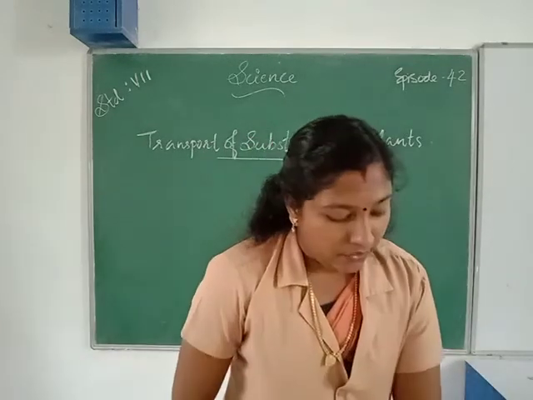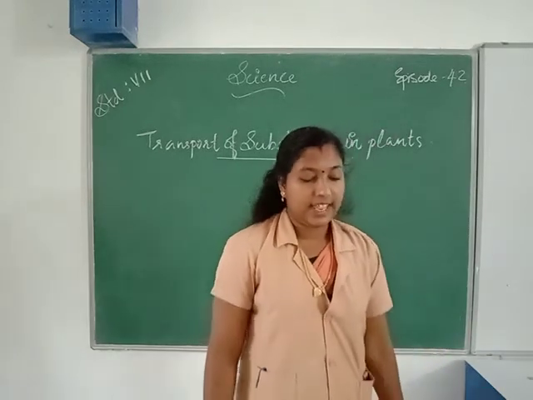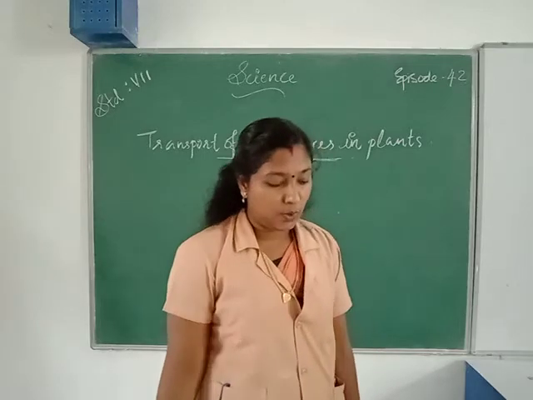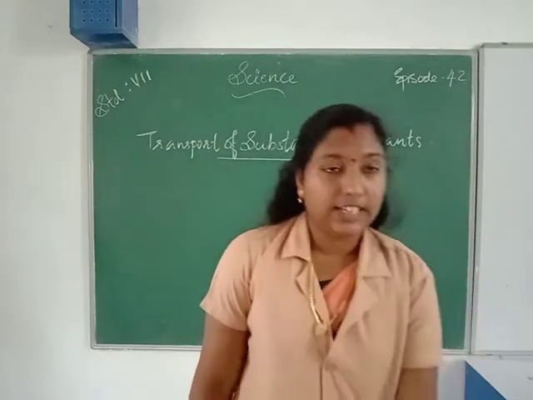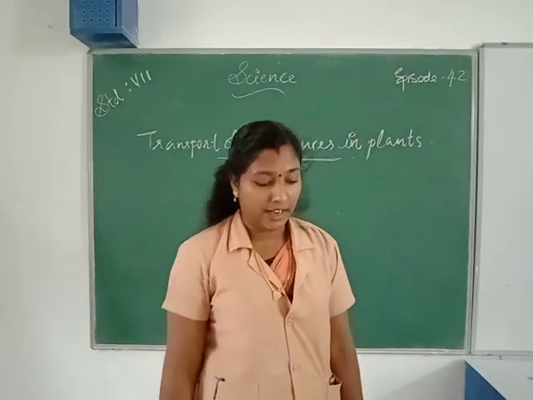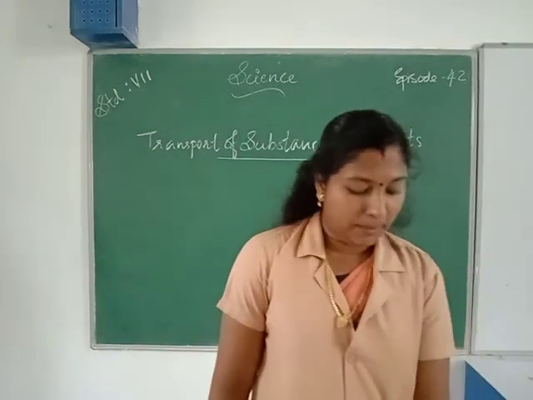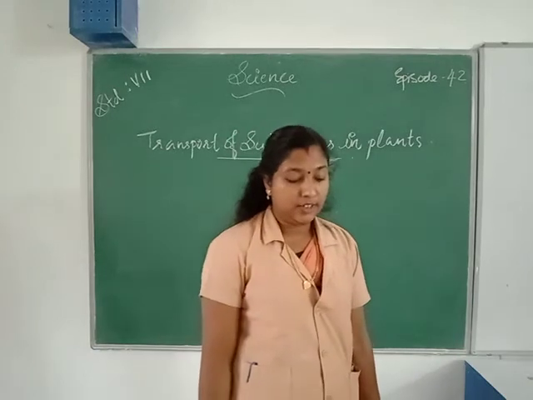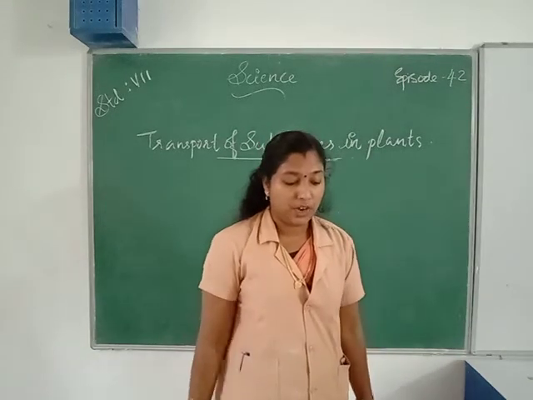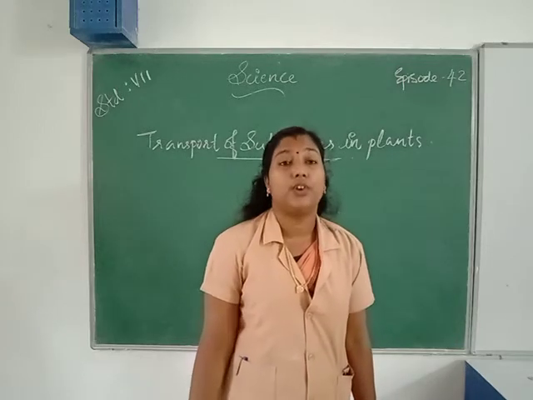We know that the plants take water and minerals from the soil through the roots and transport them to the leaves of the plant. The leaves prepare food for the plant using water and carbon dioxide during photosynthesis.